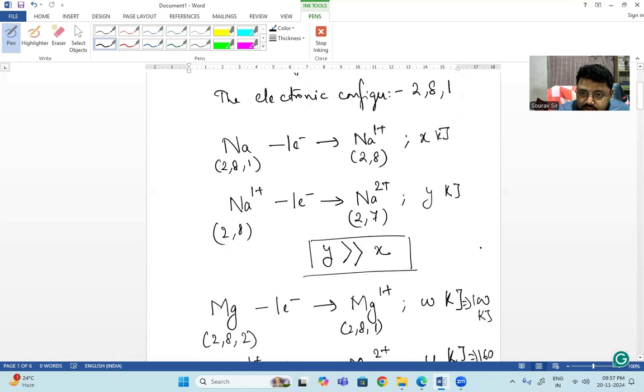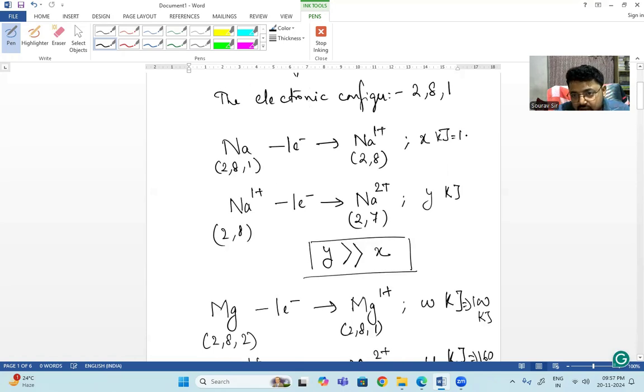And in this case, if you take X as 100, then it would be nearly 10,000 kilojoules per mole. So this drastic change determines what type of configuration the element has. From the ionization energy data, we can figure out in which period the element is present, or which is the group number of that element.